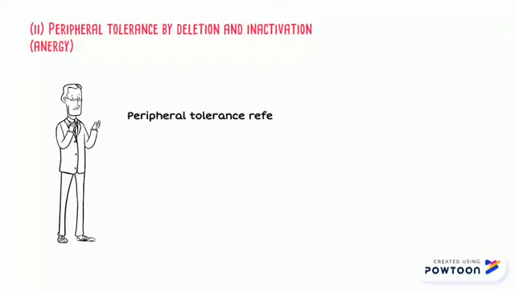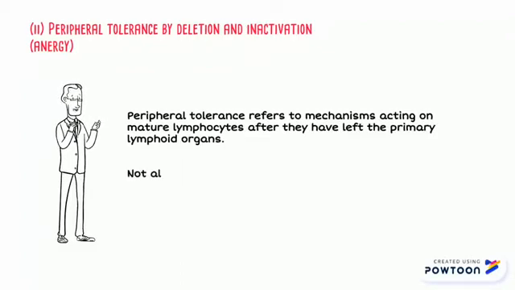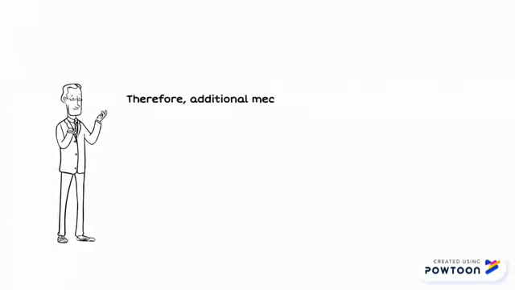Peripheral tolerance refers to mechanisms acting on mature lymphocytes after they have left the primary lymphoid organs. Not all genes are expressed in the thymus, so developing T cells cannot be exposed to all self-antigens. Therefore, additional mechanisms for tolerizing self-reactive mature T cells are necessary.